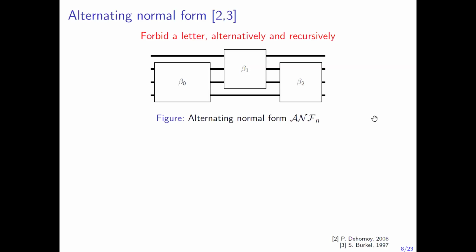And we're going to define beta 1 as the largest prefix not using the letter sigma 1, and so on and so forth. This is not yet a normal form because each braid still has a lot of representatives that can be used. So we're going to decompose each block recursively with the same method until we arrive at 2 strands, in which case we have only one choice for every braid.